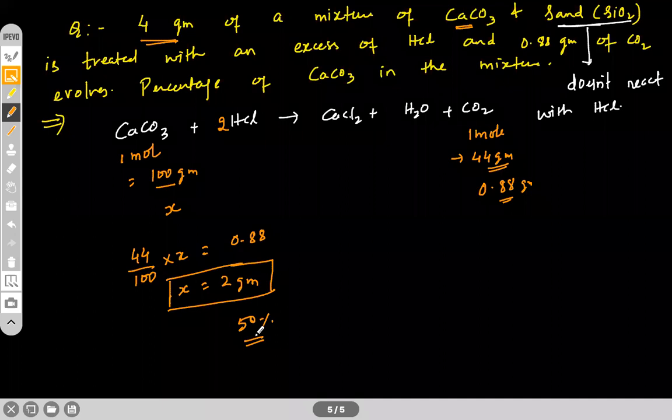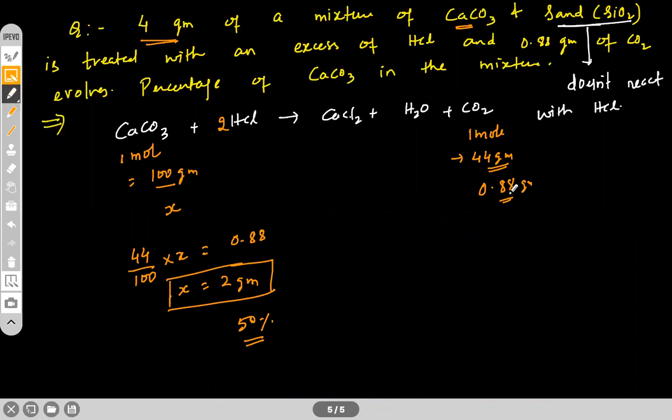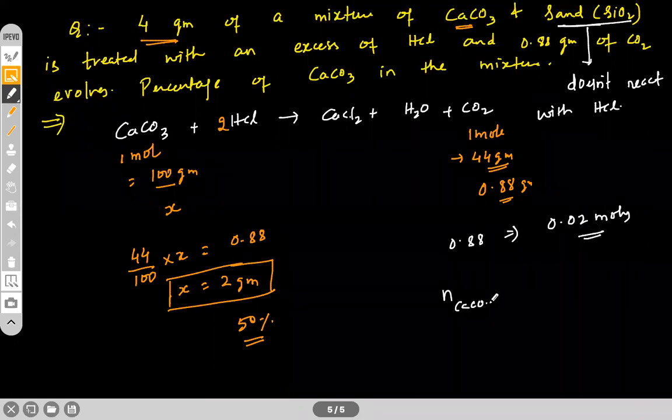Okay. Another way we can do this is as follows. 0.88 gram of CO2 is equal to 0.02 moles of it, right? So 1 mole of this requires 1 mole of CaCO3. The number of moles of CaCO3 required is 0.02.